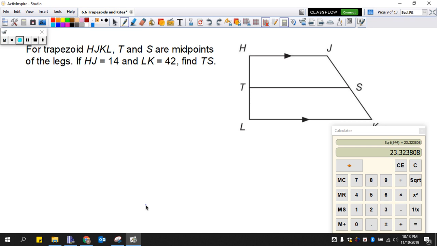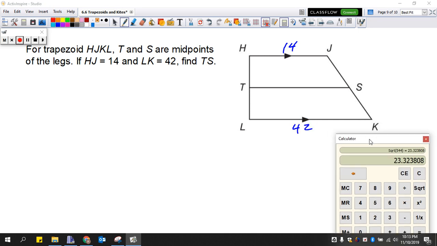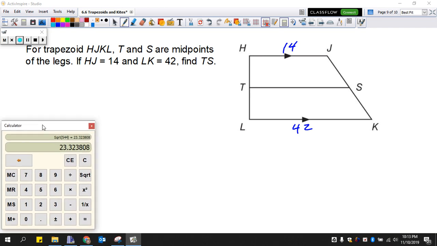For trapezoid HJKL, T and S are midpoints of the legs. If HJ is 14, so this up here is 14, and LK is 42, this is K down here. It says find the length of TS. And remember, according to that theorem you wrote down, to find the length of the mid-segment, you just take half of the sum of the two bases.